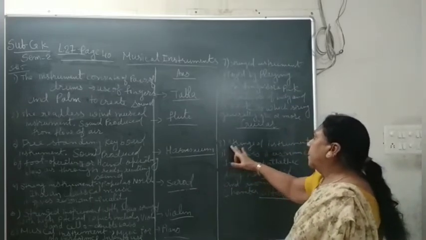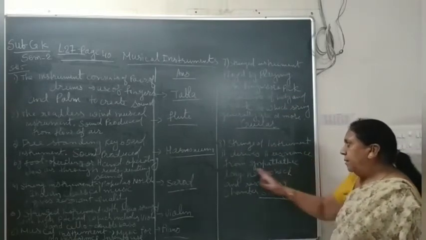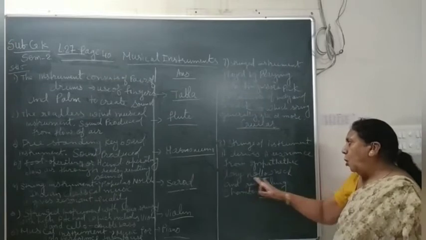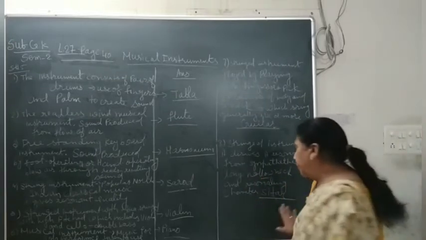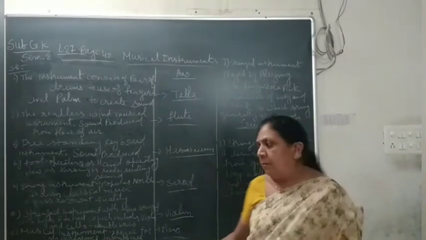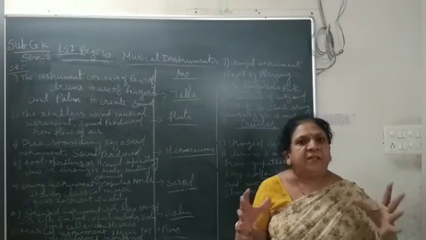Now, number 8, a string instrument which derives its resonance from a long hollow neck and a resonant chamber. The sitar looks almost the same as these instruments, but there is a little difference.